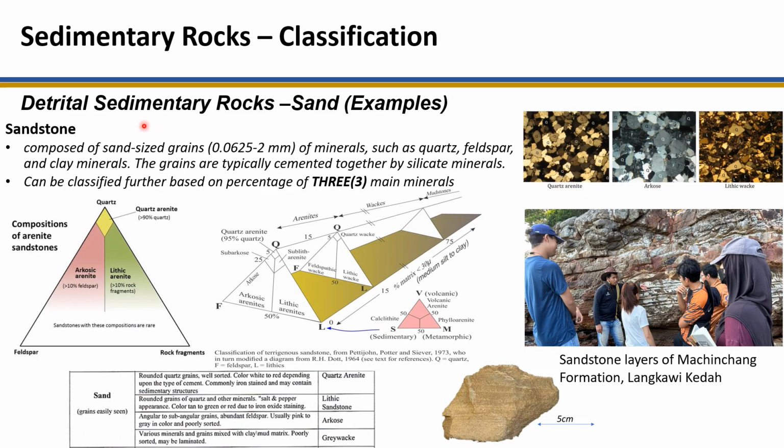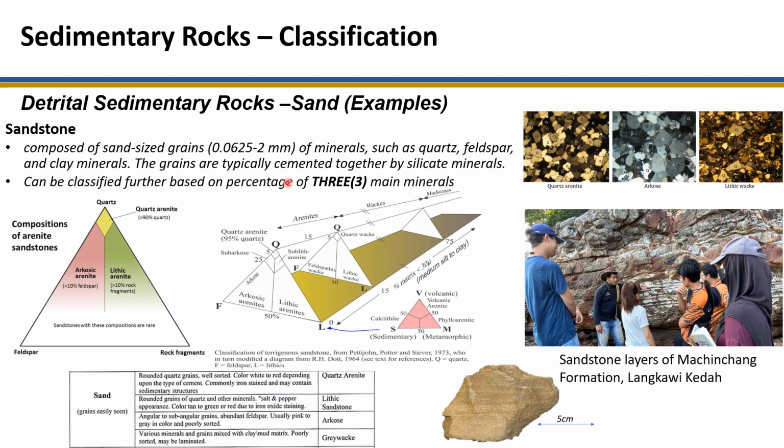This is an example of detrital sedimentary rock with sand size, or medium size, which is sandstone. Sandstones are detrital sedimentary rocks that are made up of sand-sized grains ranging from 0.0625 to 2 millimeters of minerals such as quartz, feldspar, and clay minerals, or rock fragments, or matrix sometimes you say.